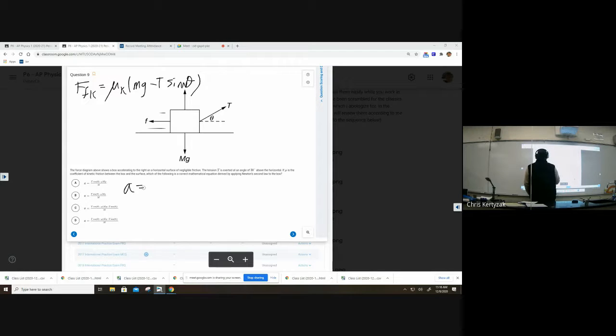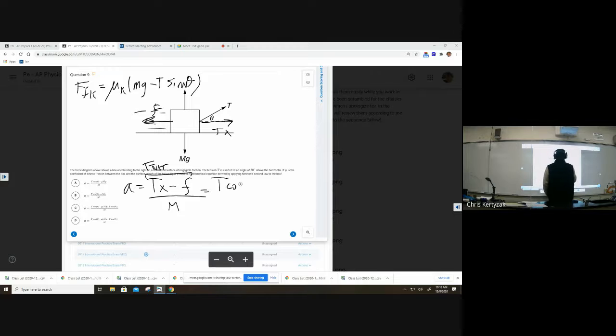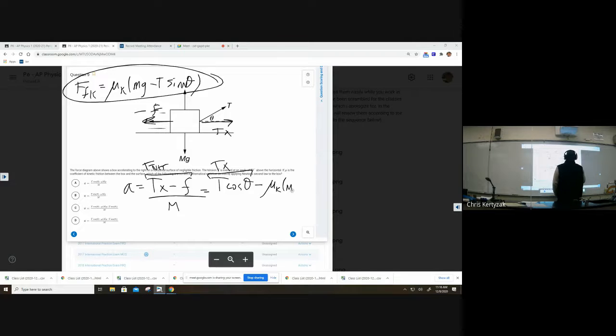We knew we had an acceleration which was going to be Tx minus F, divided by the mass, because that's the net force. Tx is technically T cos theta minus the friction force, which is this big piece right here, mu k times mg minus T sine theta. This whole piece is the sliding friction expression, all divided by m.